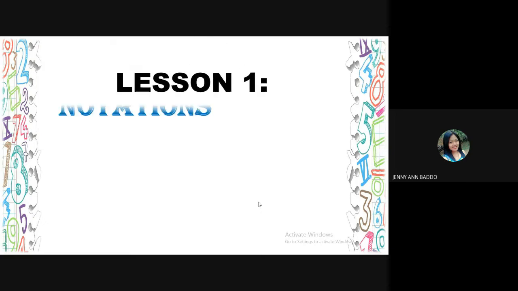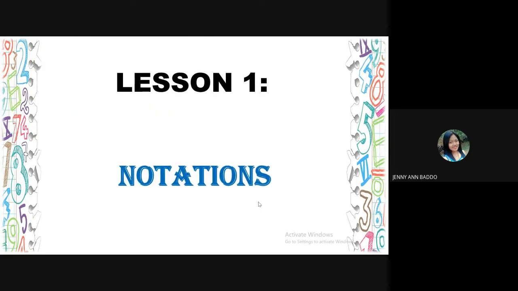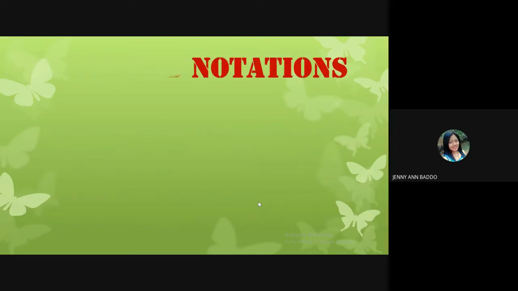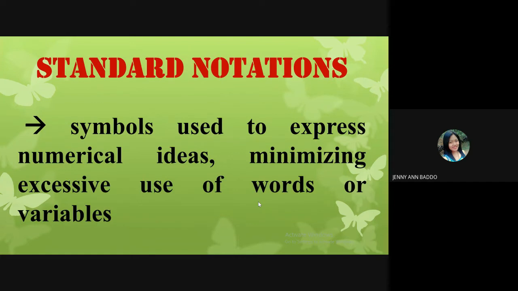Let's now start with notations. When we say standard notation, these are symbols used to express numerical ideas, minimizing excessive use of words or variables.